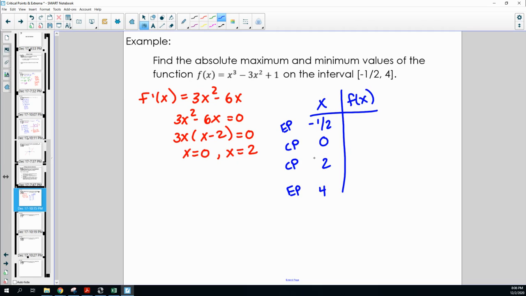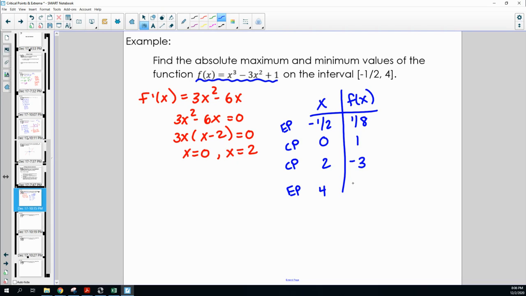So now I'm going to check the value of my function at these points. Notice that I'm using f of x, not f prime. So we're using the original function here, and plugging in the points. If I plug in -0.5, I get 1/8. If I plug in 0, I get 1. If I plug in 2, I get -3.